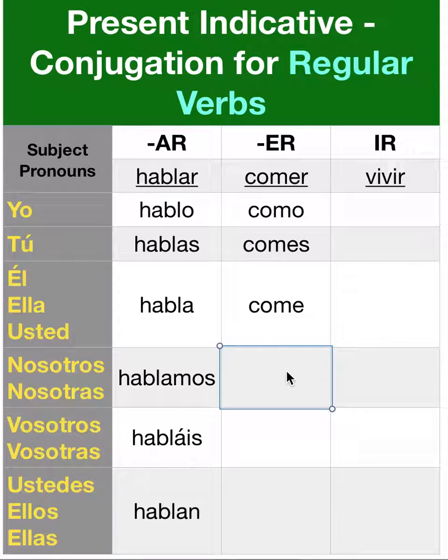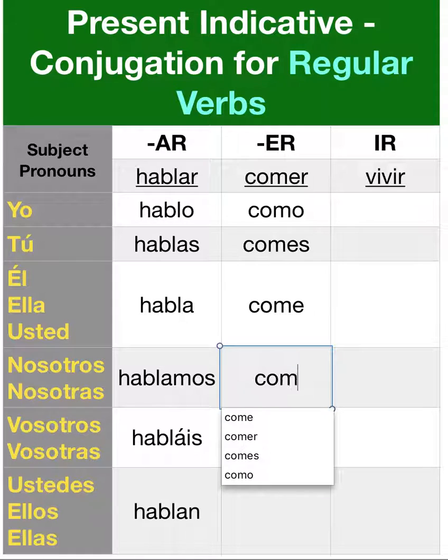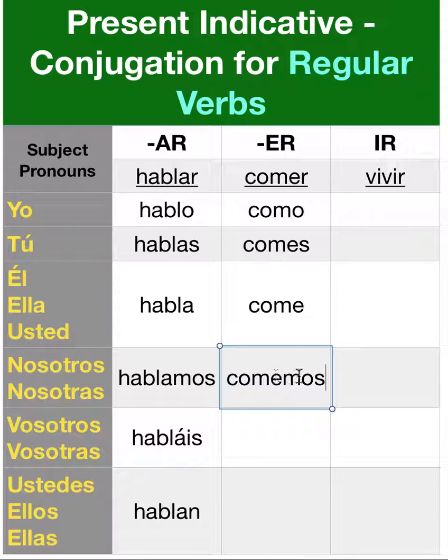And then nosotros, nosotras, again we take the stem and then we add emos this time. Because it's ER, we add emos instead of amos for AR. Nosotros comemos, nosotras comemos, which means we eat.